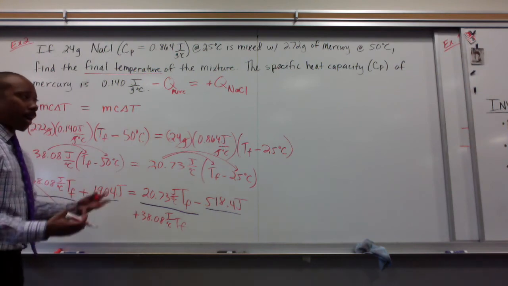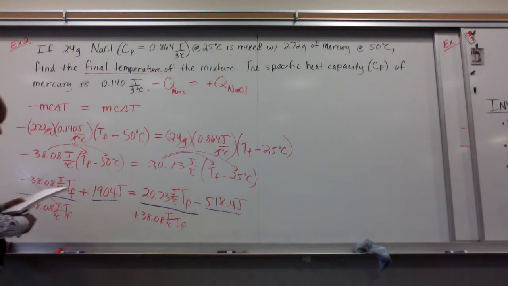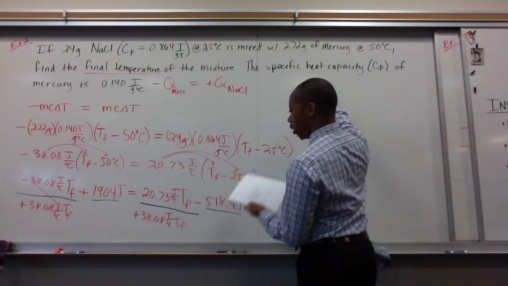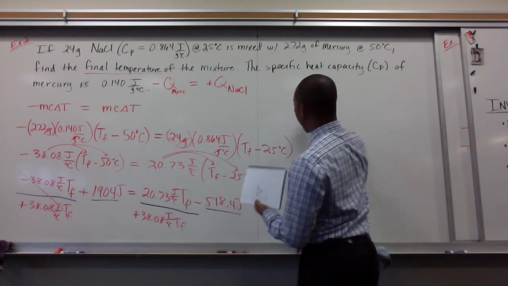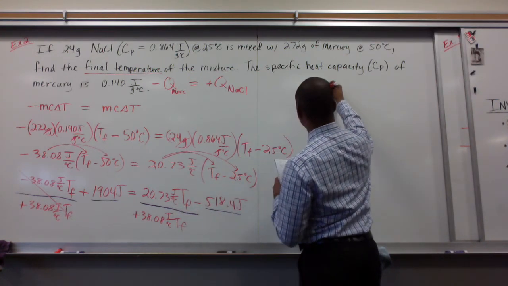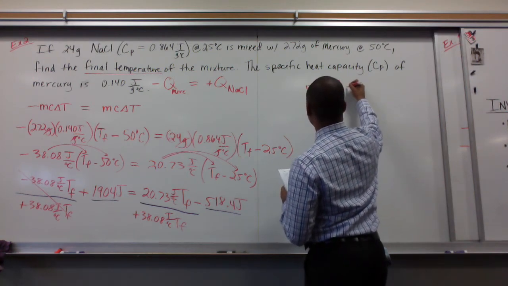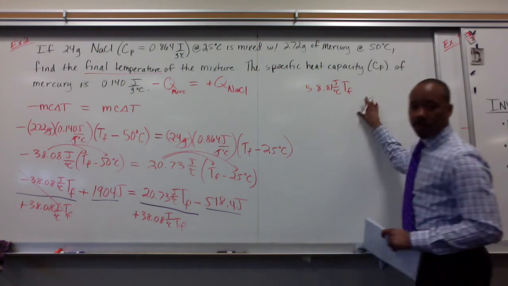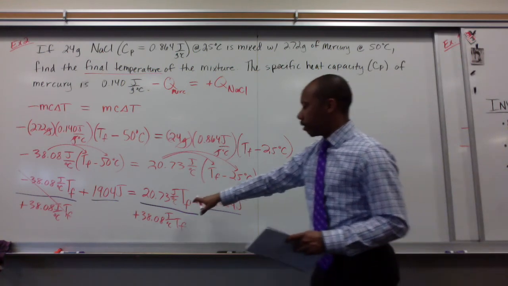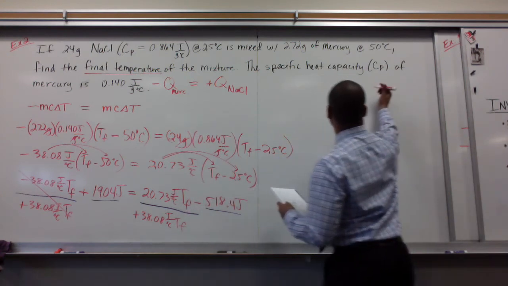At the same time, actually, I'm not going to do that at the same time. I don't want to confuse anyone. From that, I'll get 20.73 plus 38.08 gives you, obviously, 58.81 joules per degree Celsius times TF. That's on this side. So I'm going to write that over here.